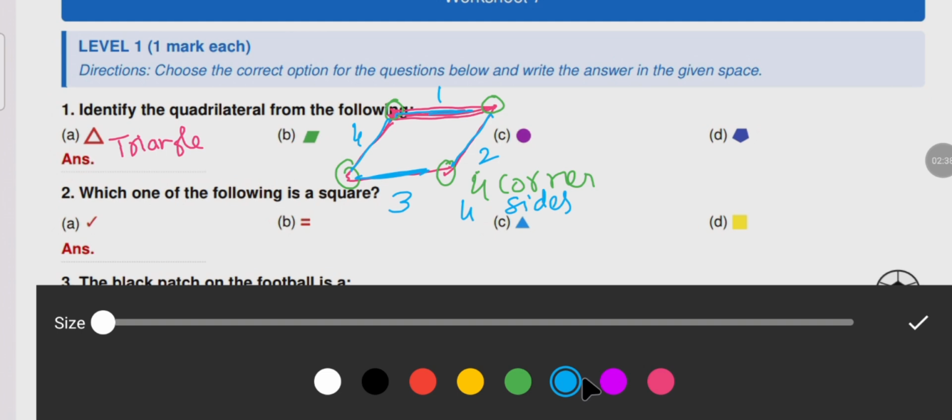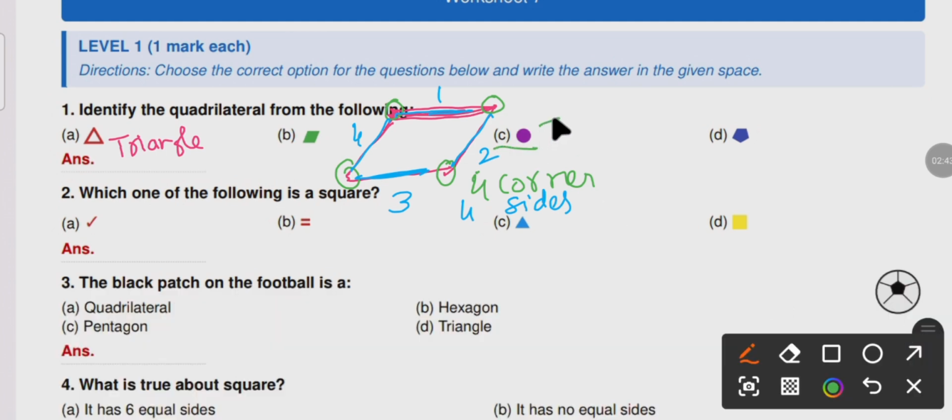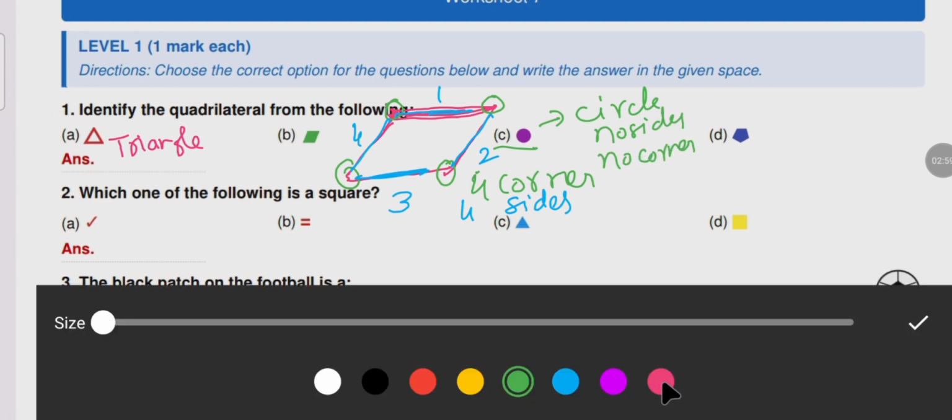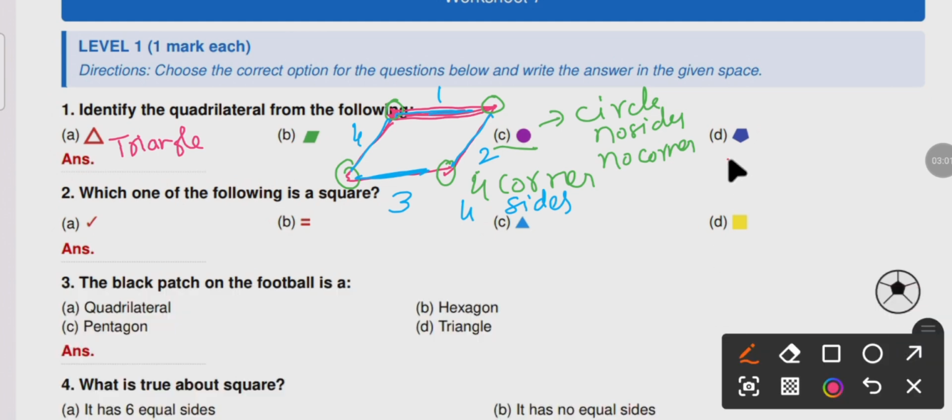Go through to next option, C. This is a circle, and a circle has no sides and no corner. Now last option, let me make it in this way.